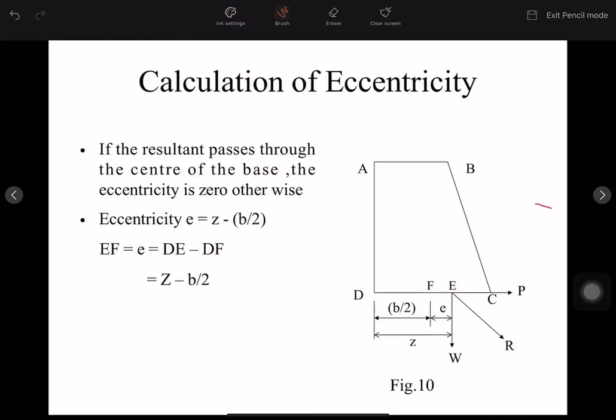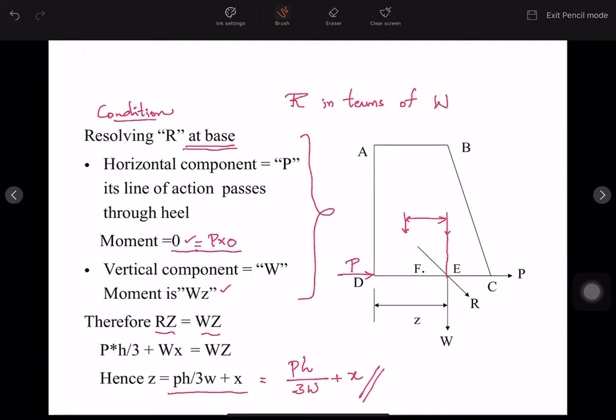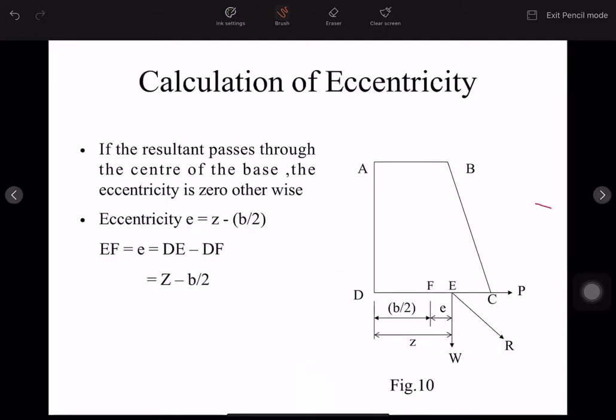Now, calculation of eccentricity. After calculation of the Z value, we need to calculate the eccentricity value. If the resultant passes through the center of the base, the eccentricity is 0. This point you need to remember. If R passes through the center, that is nothing but B by 2, it is B by 2 here and B by 2 here.